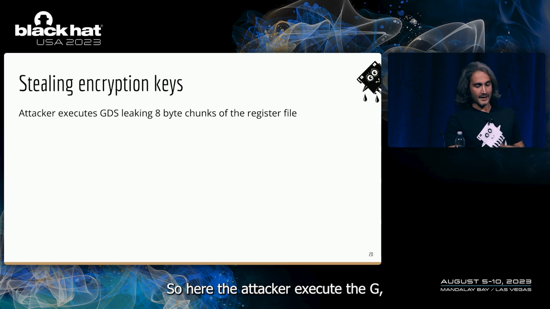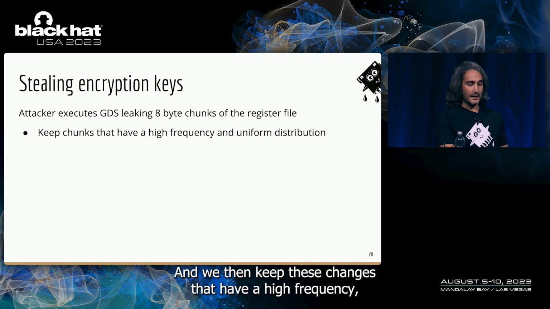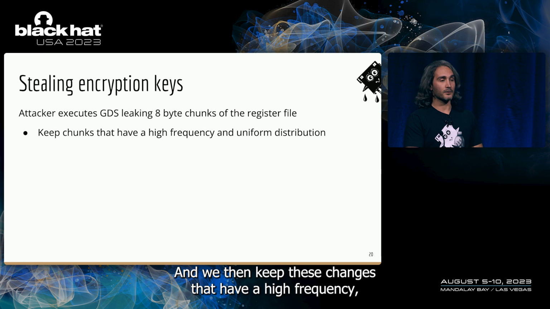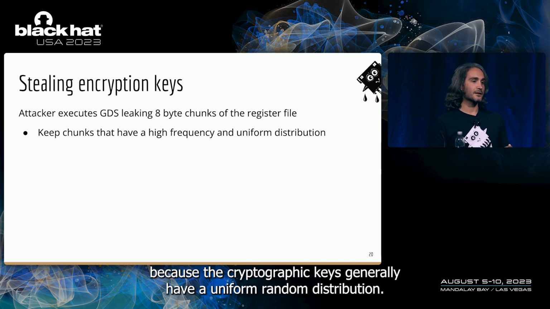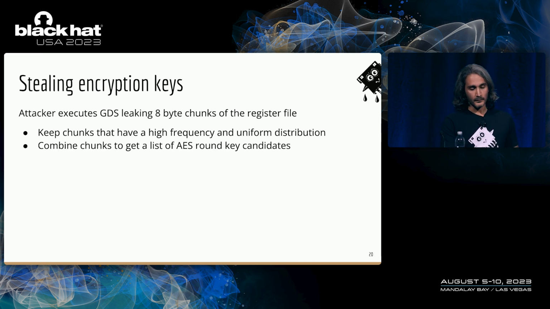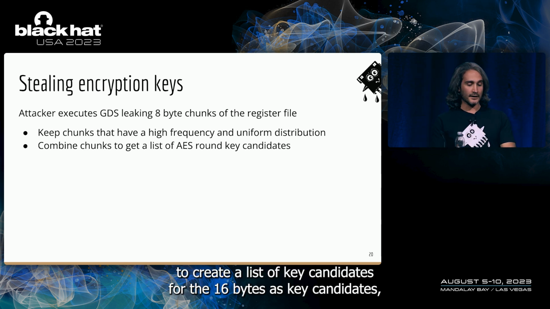So here, the attacker executes the GDS attack, leaking 8-byte chunks of the register file each time. And we then keep these chunks that have a high frequency, but also the ones that have a uniform random distribution, because cryptographic keys generally have a uniform random distribution. And then we combine these 8-byte chunks to create a list of key candidates for the 16-byte AES key.